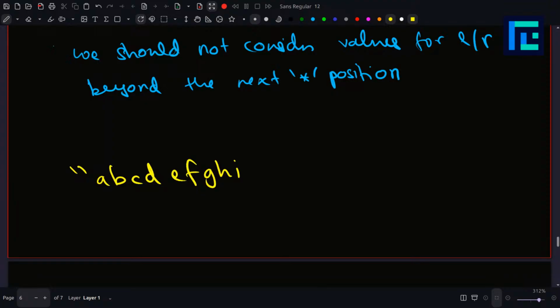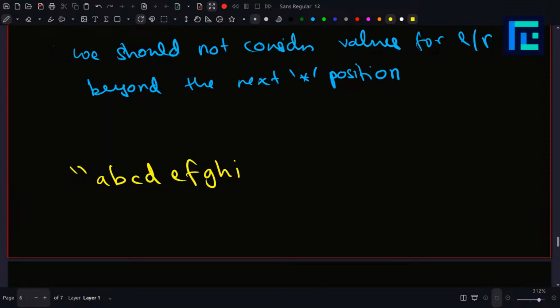So these will be the possible L values, and the possible R values will be this, and this. So our answer, right? L times R. That's going to be 4 times 3, right? So those are the newly introduced substrings with a star. Okay, so those are the newly formed substrings with a star.